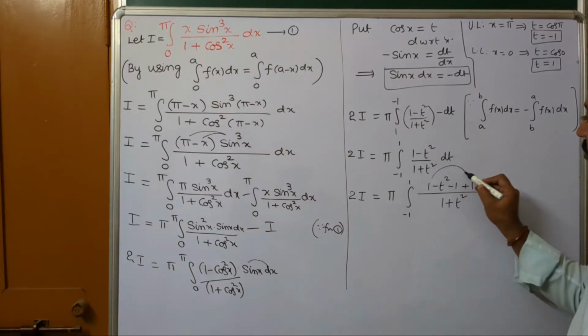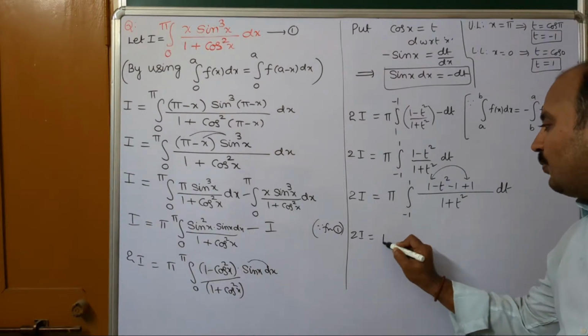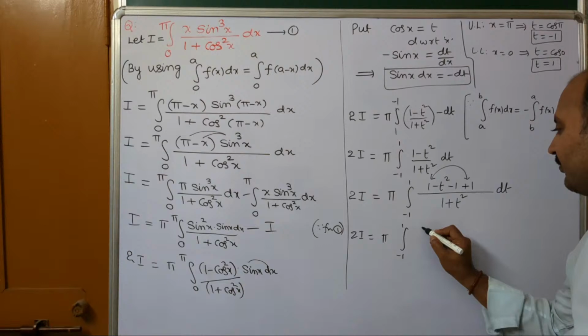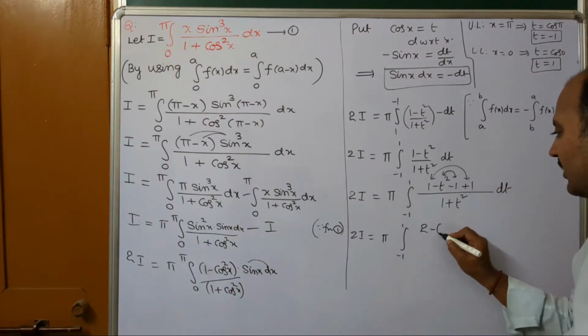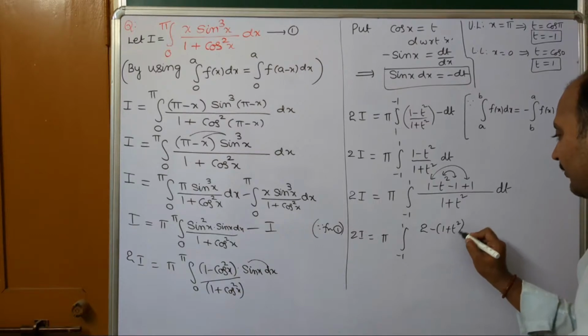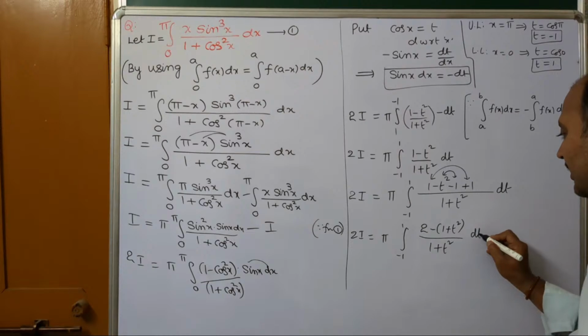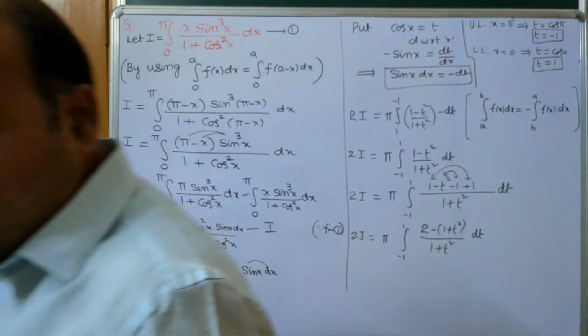So 1 plus 1, 2. So 2I equal to pi into integral -1 to 1, 2 minus, from these two minus take common, minus of 1 plus t square divided by 1 plus t square into dt. After that we can split into two integrals and then integrate.